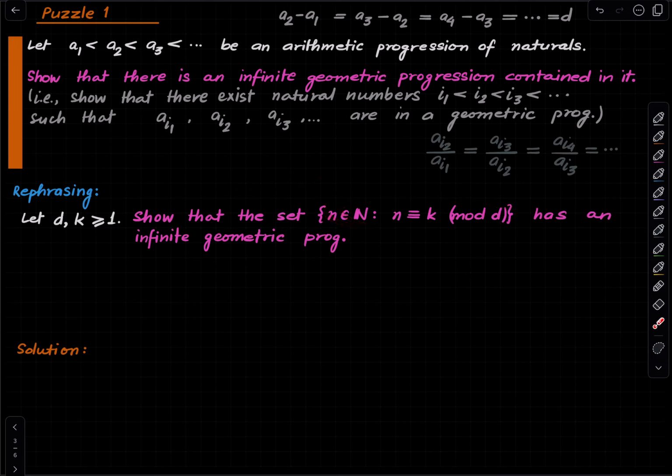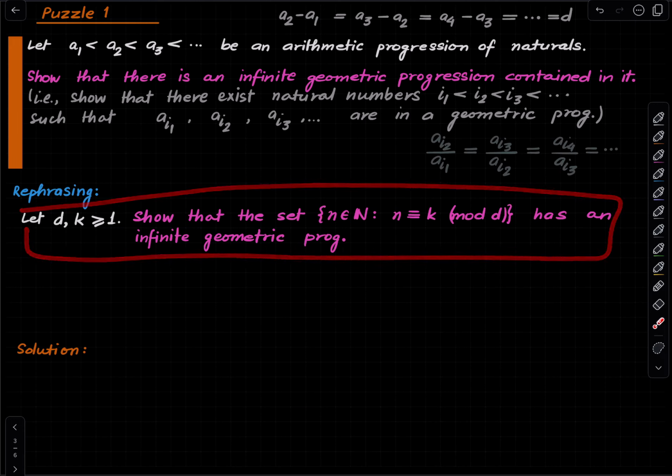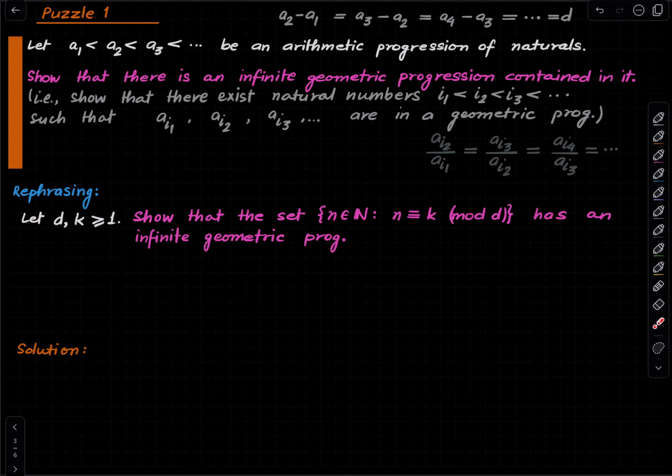However, if you can show that there is an infinite geometric progression sitting here, you can show that an infinite geometric progression sits in your original sequence. That is very easy to show, so I am not going to spend time on that. So let me just show this statement. And it's very simple.